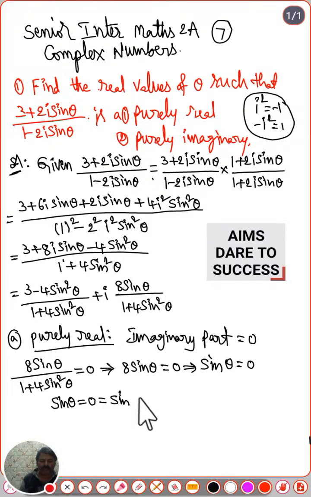So sin theta = sin 0. Here, for the real value of theta, if sin theta is 0, then theta = n pi. This is the formula, where n belongs to Z.